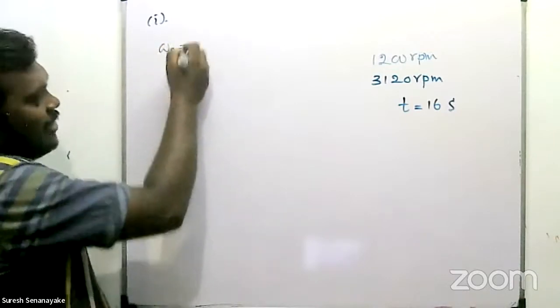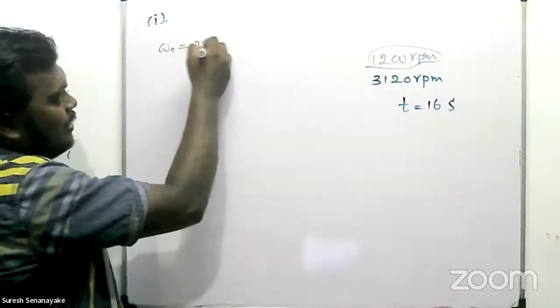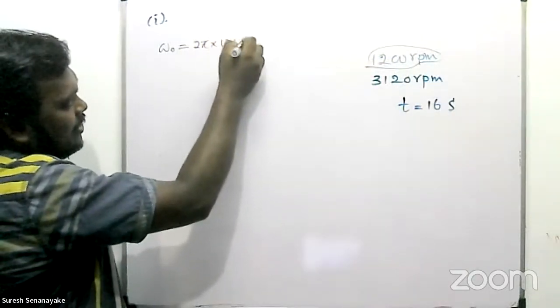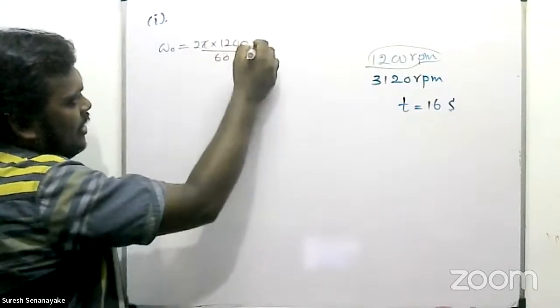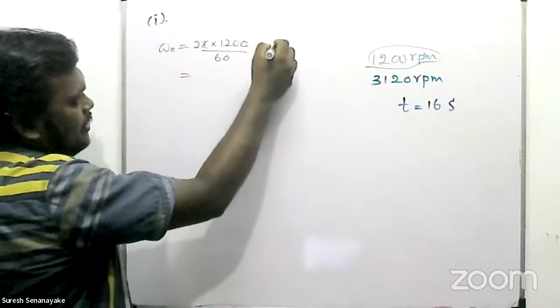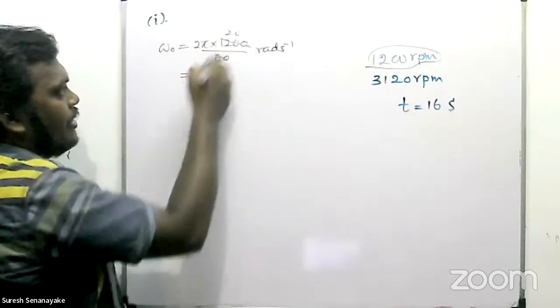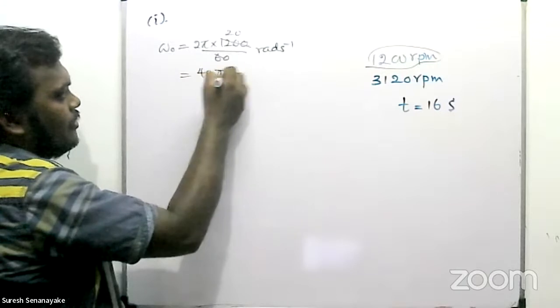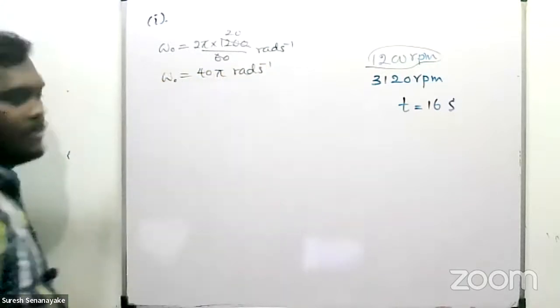The omega naught, you can write, is the initial: 2 pi multiplied by 1200 divided by 60. This is in radians per second. 1200 divided by 60 is 20, so this is 40 pi. I'm keeping pi as it is, so finally we will substitute and get the answer.